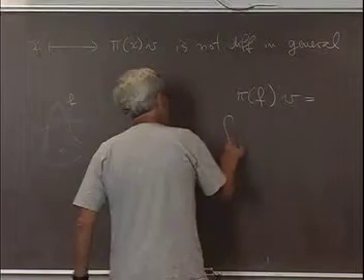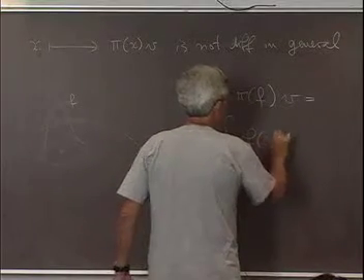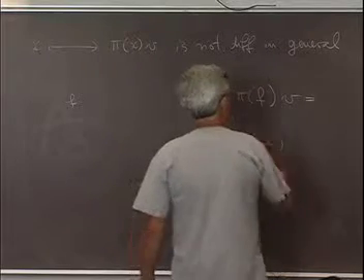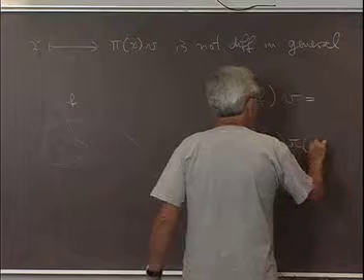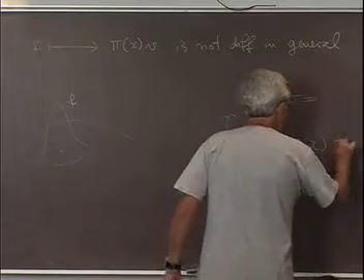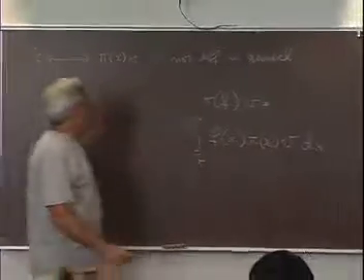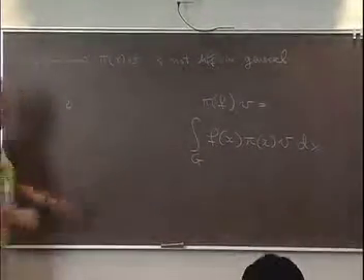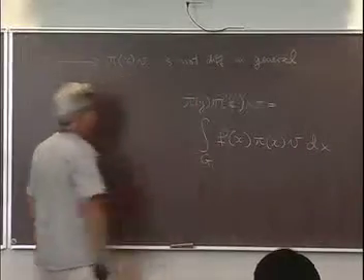So this is the integral over G of f of x, pi x of v dx. And now I can shift this by, say, some pi of y.